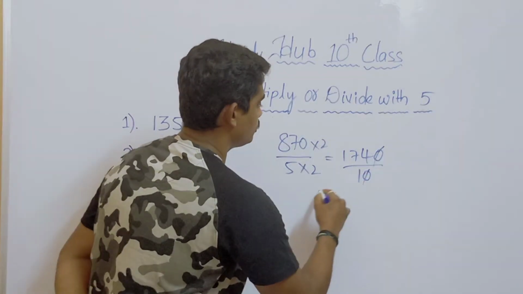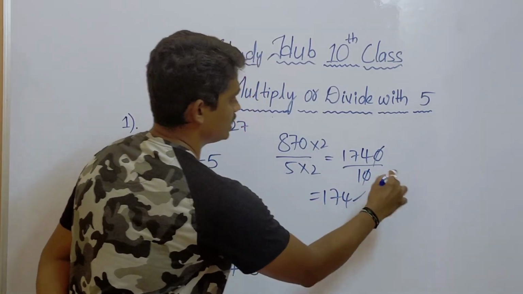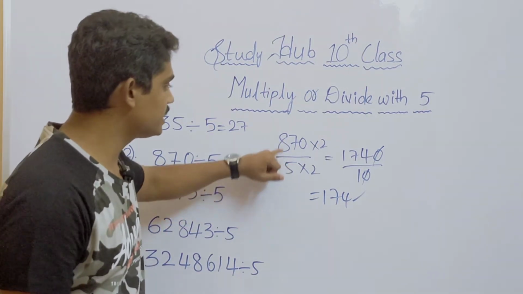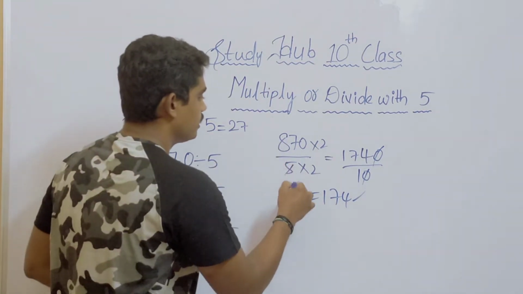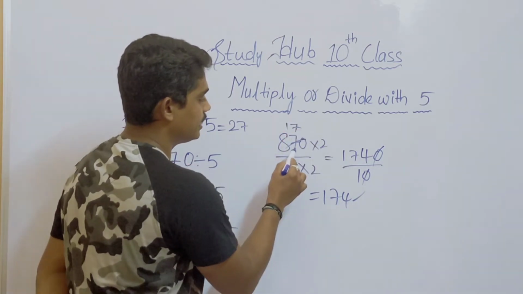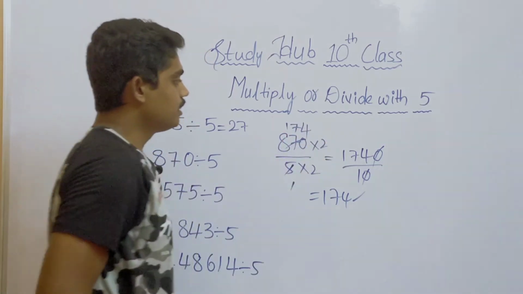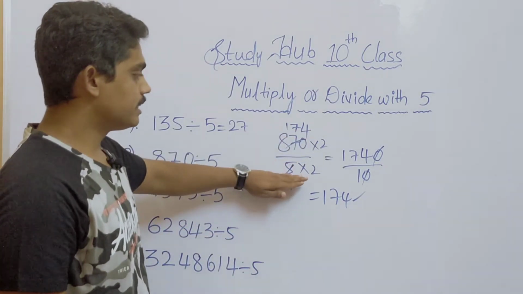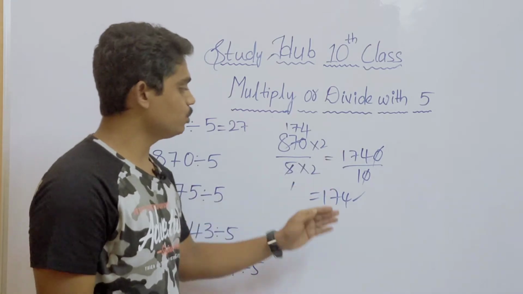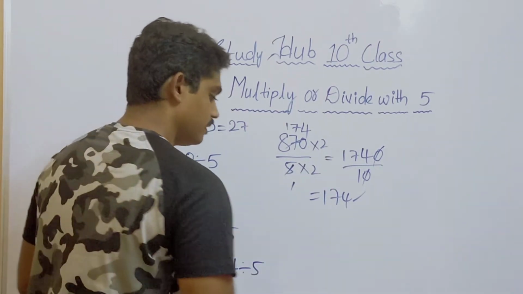We can cancel 0, 0, and the answer is 174. As compared to the regular division method, 870 divided by 5, like 5 1s are 5, 3 remaining 37, 5 7s are 35, and 20, 5 4s are 20. When compared to this regular method, the technique which we are using to multiply and divide with 2 is far better.